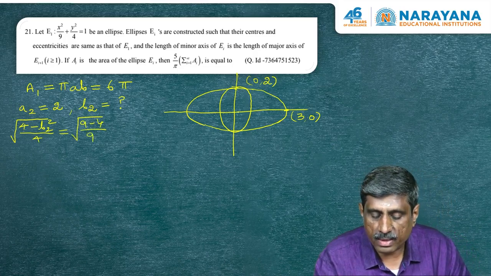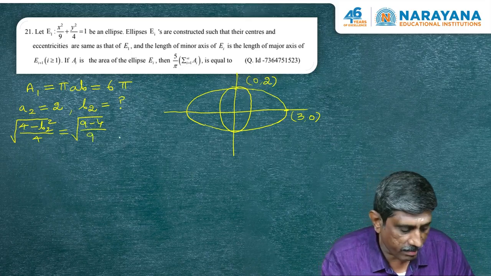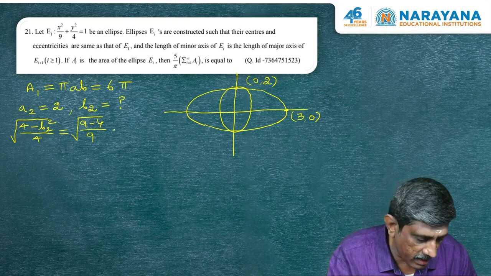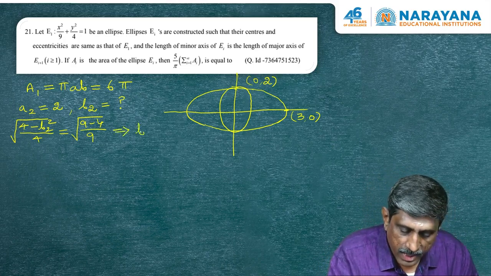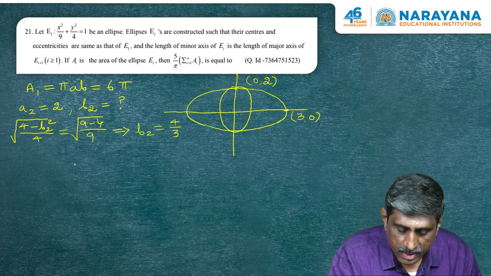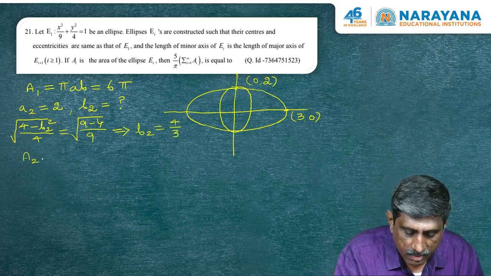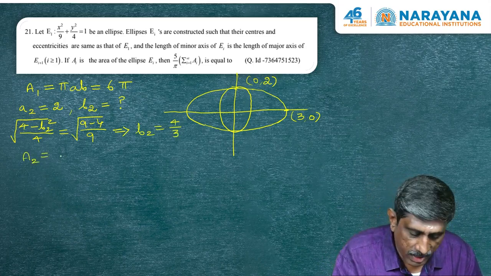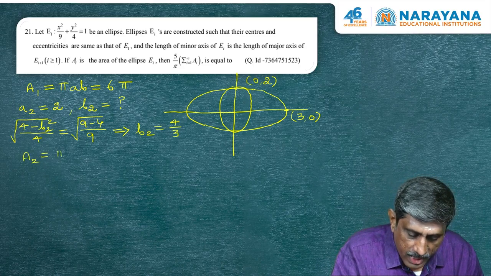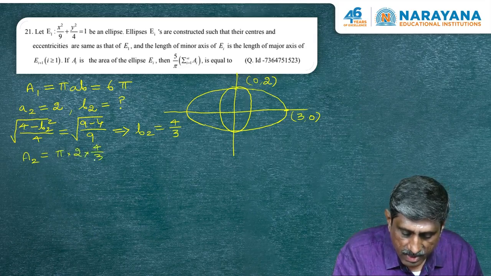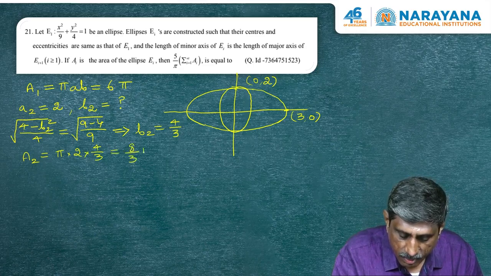Eccentricities of the new ellipse and the given ellipse are same, and when we simplify this, we get B2 is equal to 4 by 3. Therefore, area of the second ellipse is going to be pi AB, pi into 2 into 4 by 3, which is nothing but 8 by 3 times of pi.